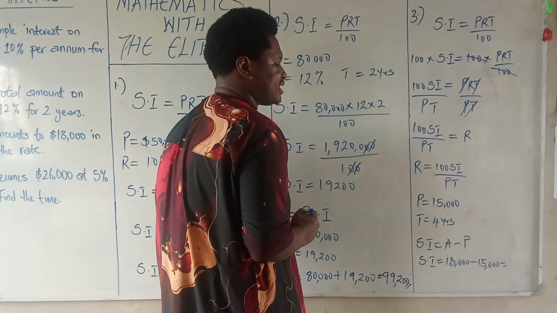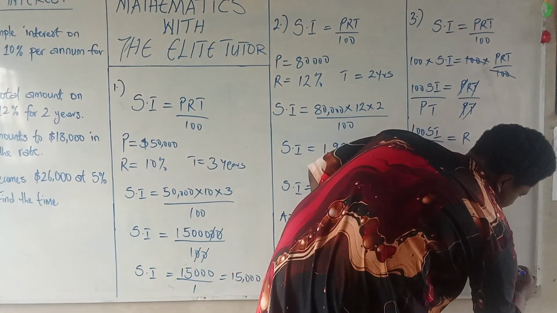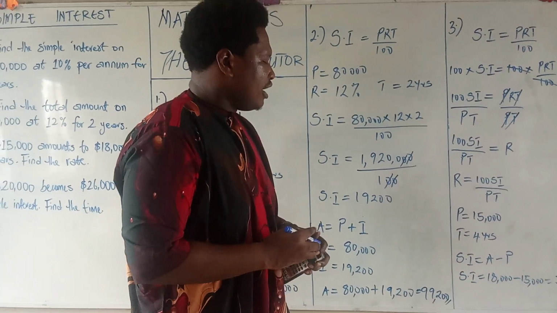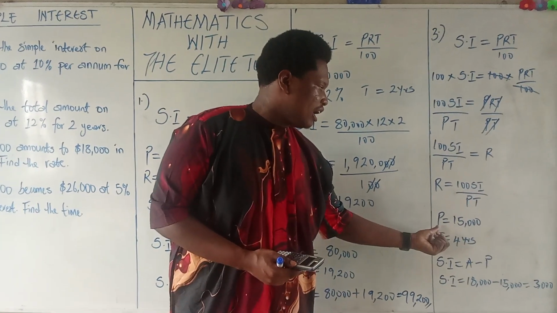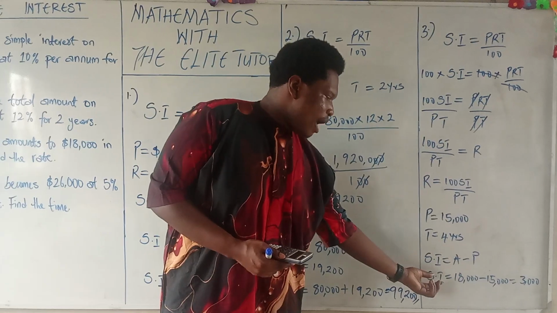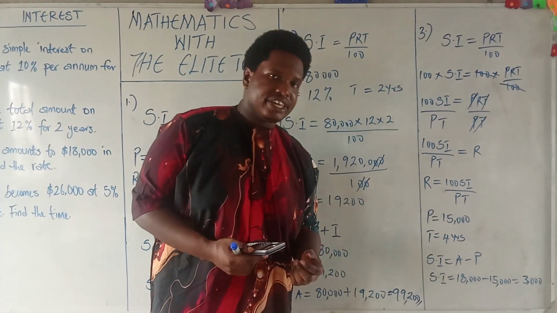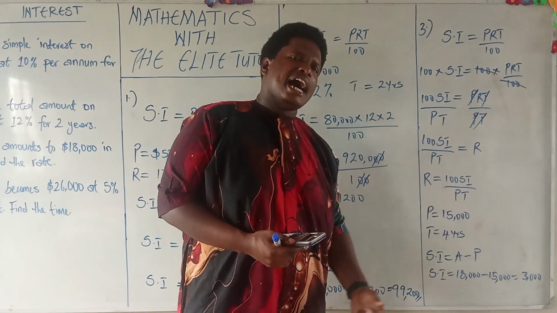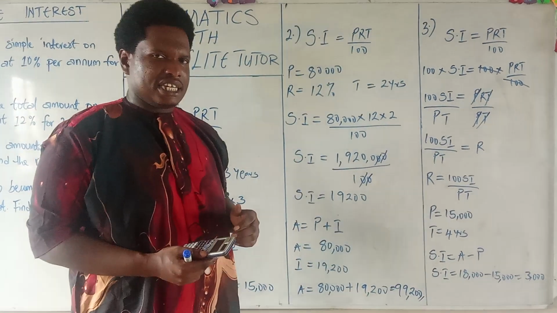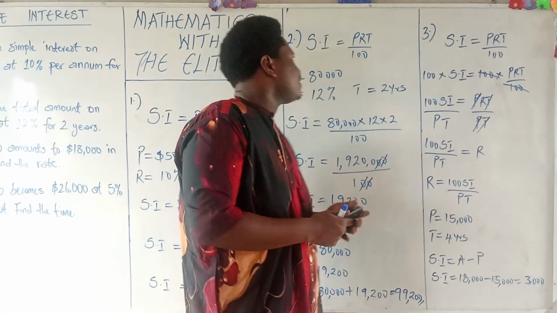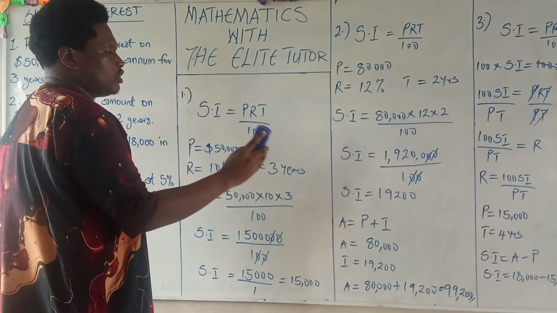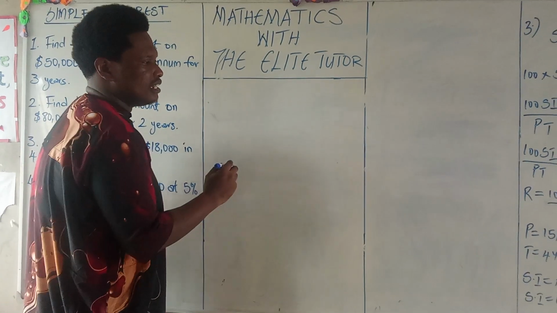That gives us our simple interest to be $3,000. So now we have our principal, our time, and our simple interest. Now we can go ahead to impute this into the formula and ascertain the answer.